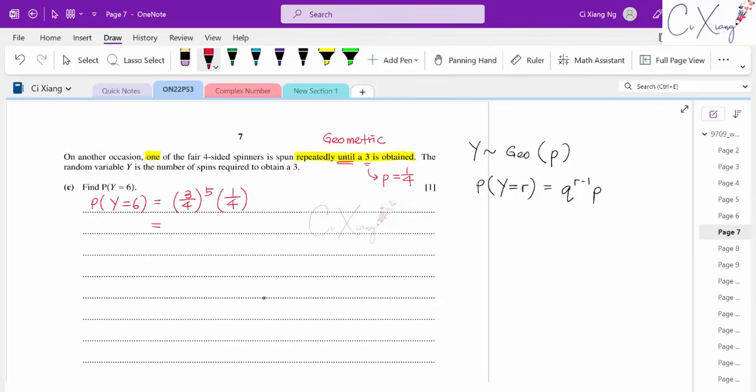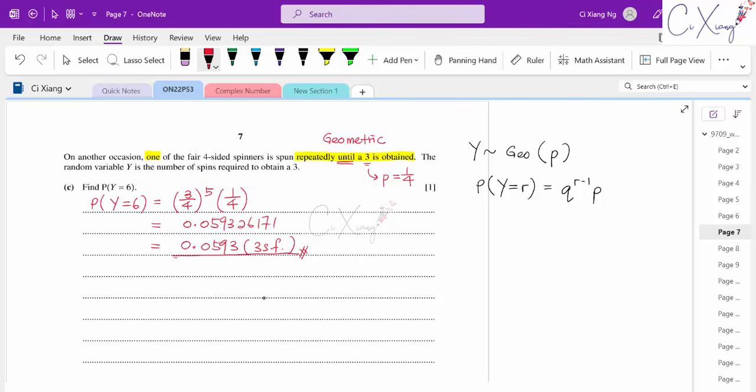When you simplify this, you will get 0.0593 26171. It should be a long value, and we need to cut it short to 3 significant figures, where it should be equal to 0.0593.